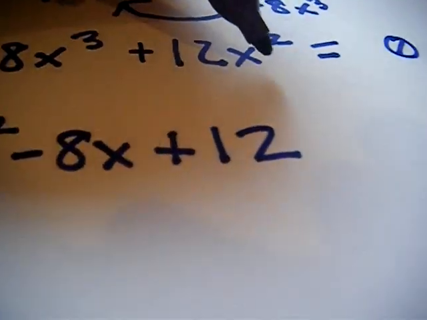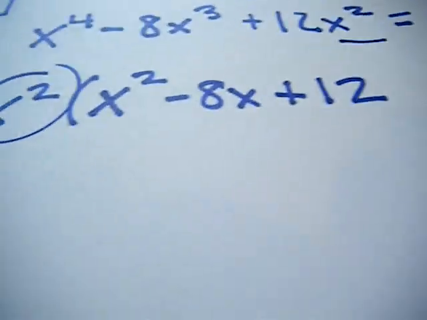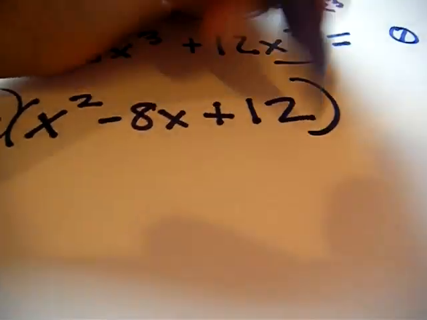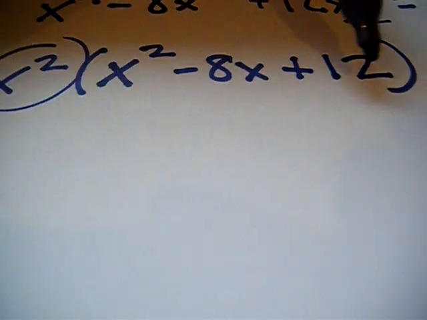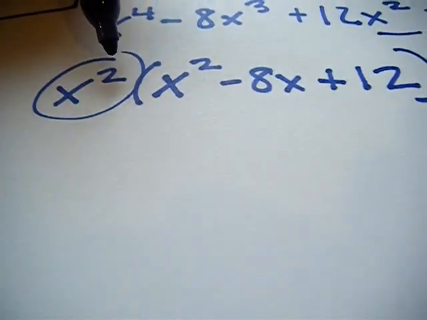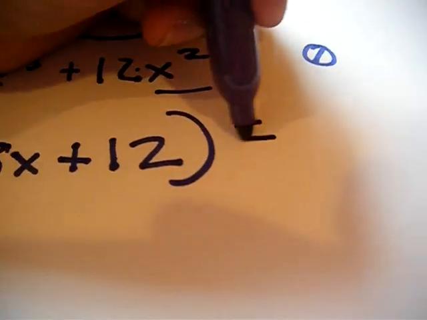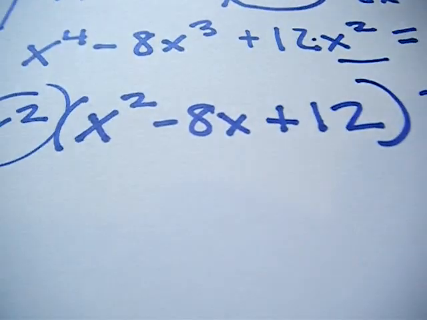And then the x squared cancels in both this and this because you're taking it out. Because then if you multiply 12 by x to the second, then it'll equal 12x squared. And this still equals 0.